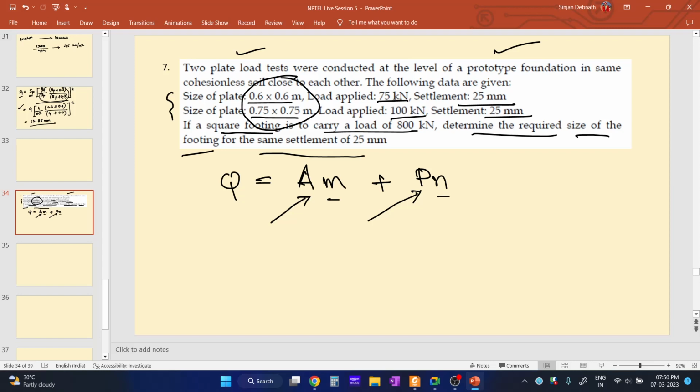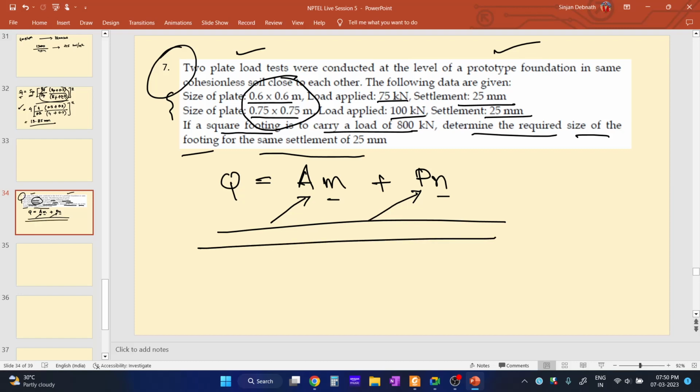Okay, this is a way of solving this particular problem. If you get this type of problem, you will follow these steps which I am going to show. So first you need to assume this Q equal to AM plus PN. Okay, A is the area of the footing, P is the perimeter of the footing. Okay, assume this equation.